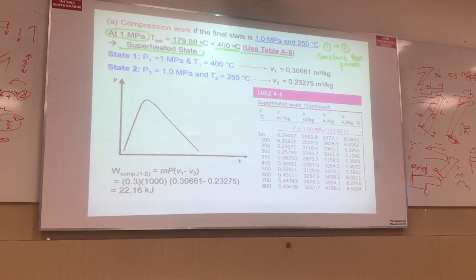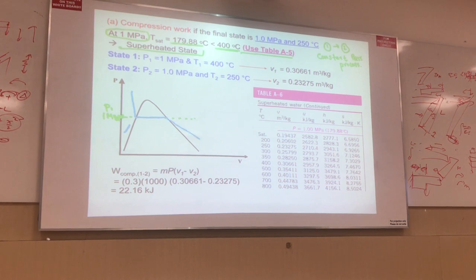Initial pressure is 1 megapascal or 1000 kilopascal, pressure P1. I just draw a dotted line here. So I can write down the constant pressure line. You have to draw it.